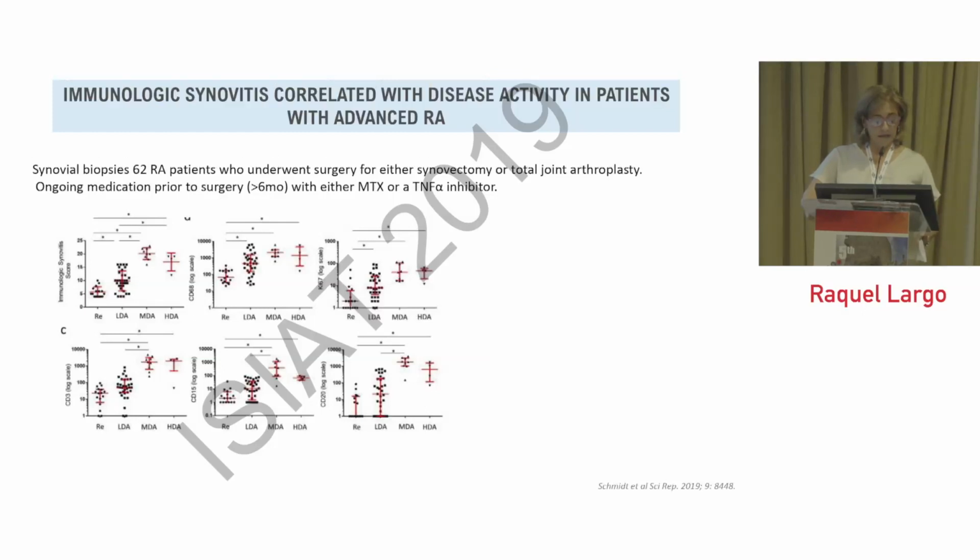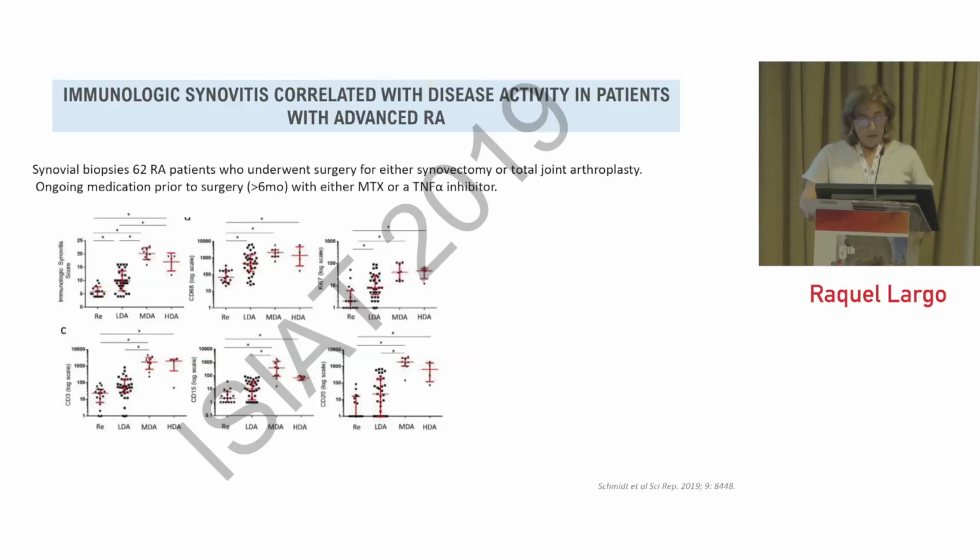They grouped the patients as responders, or low, moderate, or high activity, and the synovitis correlated with the disease activity in these patients with advanced RA that were medicated with different drugs. In fact, this correlation with the presence of macrophages in the sublining was described earlier in different papers.